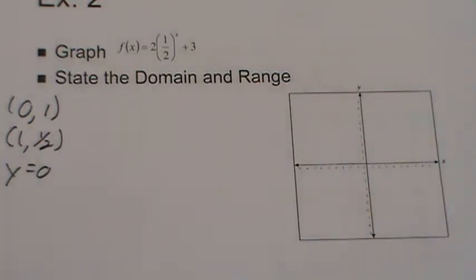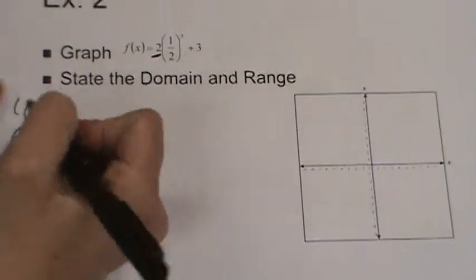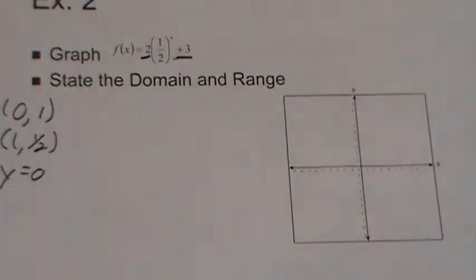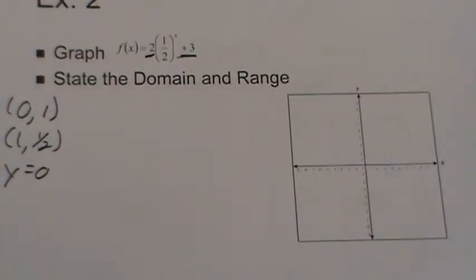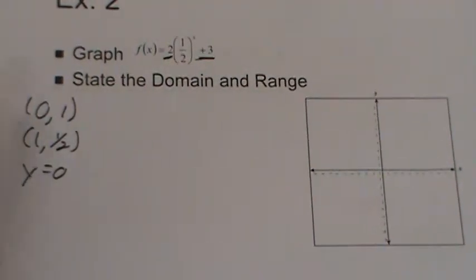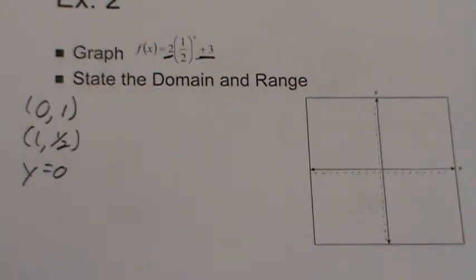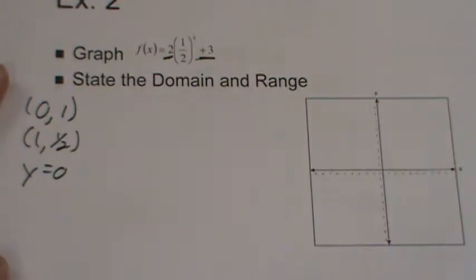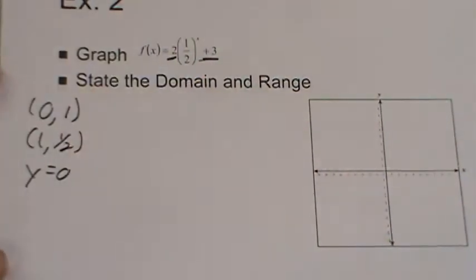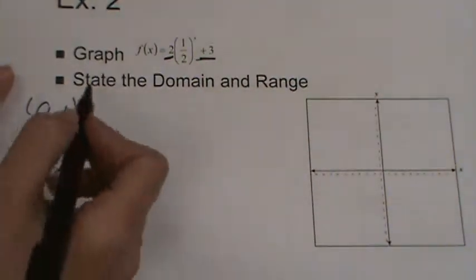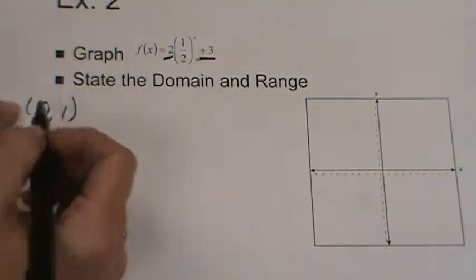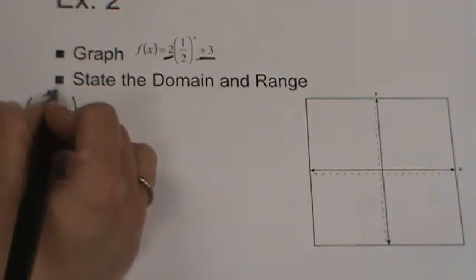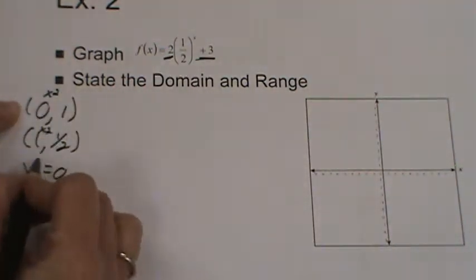Now from there, we look and see what is happening to it. We see that we have a 2 that's being multiplied and a 3 that's being added. The easiest thing for these, in my opinion, is just to do these operations to the coordinates. When I multiply by 2, remember multiplying comes first in your order of operations, so I multiply 2 to the y term.